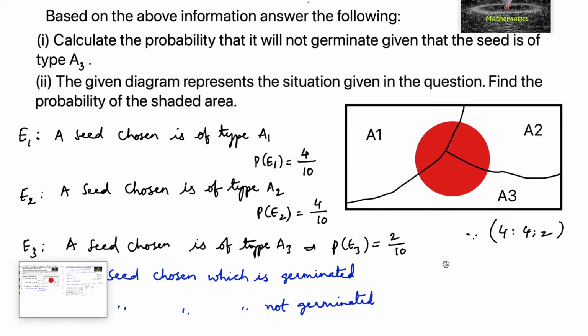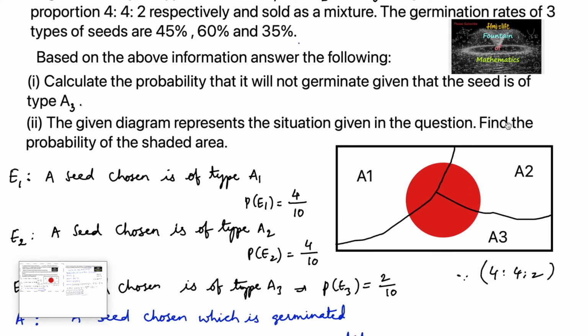And also it can be observed from the information that the germination rates of the three types of seeds are 45%, 60% and 35%.